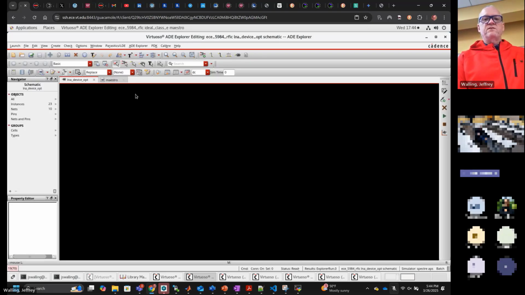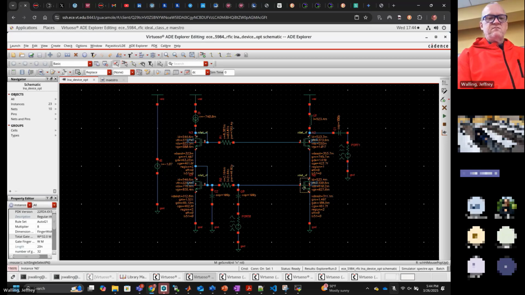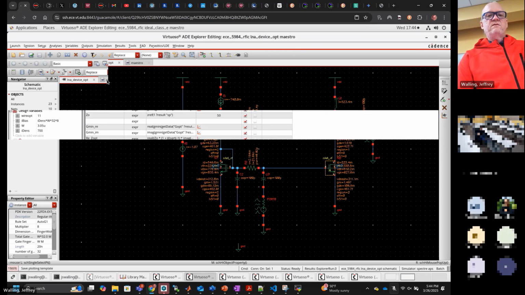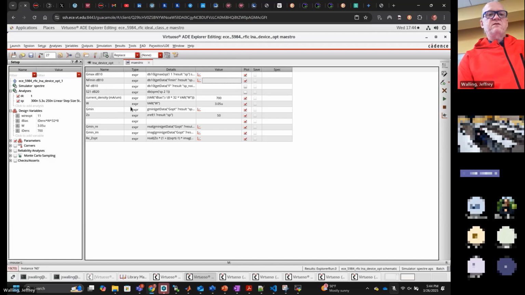If we want to look at where all that is in the device model, here I have a multiplier of 8. That means 8 parallel devices. 32 fingers is the number of individual fingers in one of those 8 parallel devices, and then I have a variable set for the finger width. All right, so I'll run a simulation here.